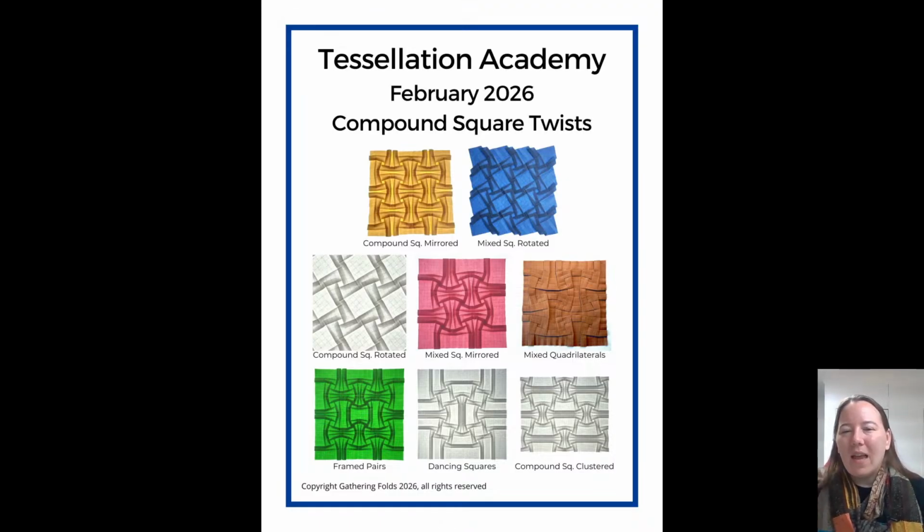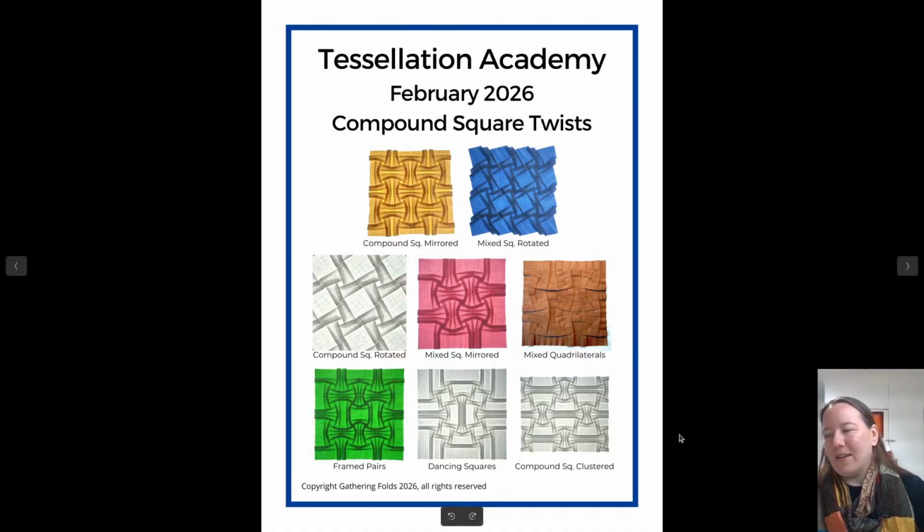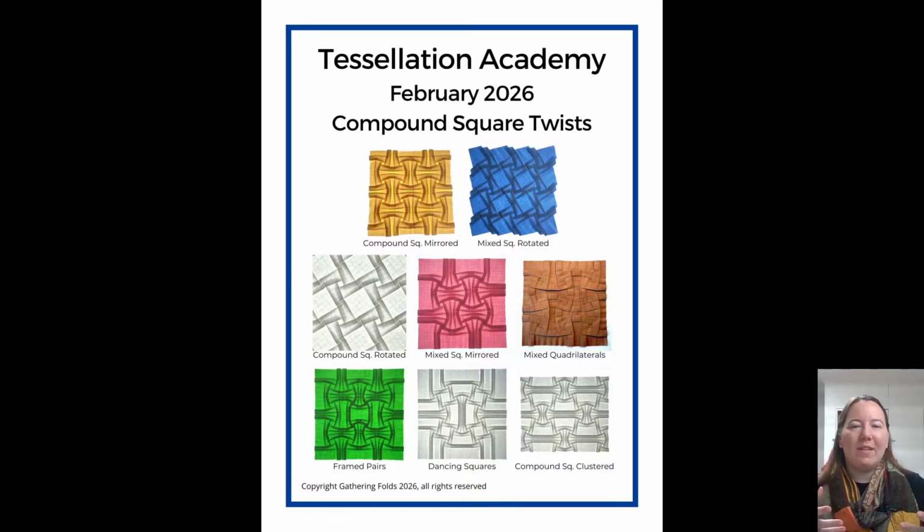So there's a whole lot of different structures and different ways of folding these origami tessellations. Like one of the things we'll get into with the compound square twists, illustrated by these two different tutorials, is one way of doing it is folding the center of each compound twist first, of all of them, and then folding the outsides.